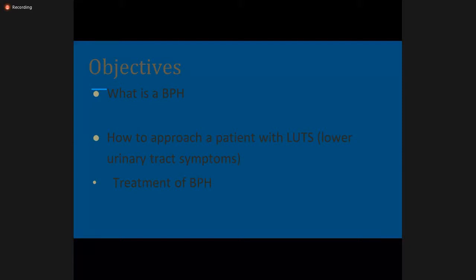Our objective is to know what BPH, benign prostatic hyperplasia, is, and the next objective is how to approach a patient with lower urinary tract symptoms. Why lower urinary tract symptoms? Because a patient with benign prostatic hyperplasia will usually present with lower urinary tract symptoms. We'll go into depth about these and the treatment options for that.